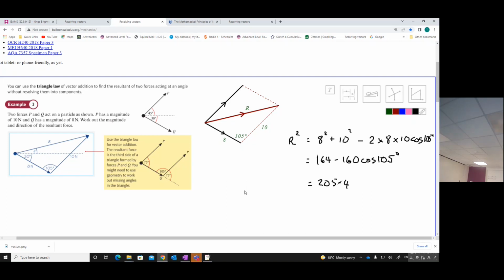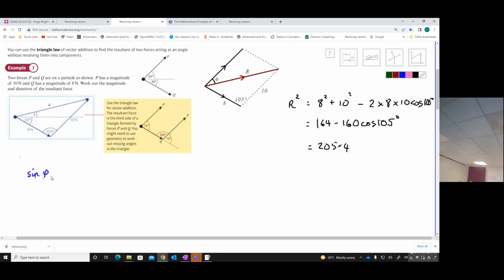Yes, and then subtract this angle here from 45, I think. You might not be seeing it quite like that, but that's a plan, isn't it? If you find that angle there by using the sine rule, and then subtract from 45. So sine phi over 8 equals sine 105 over r, which we might as well write like that perhaps.